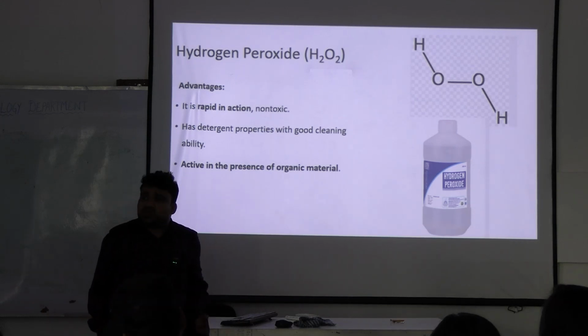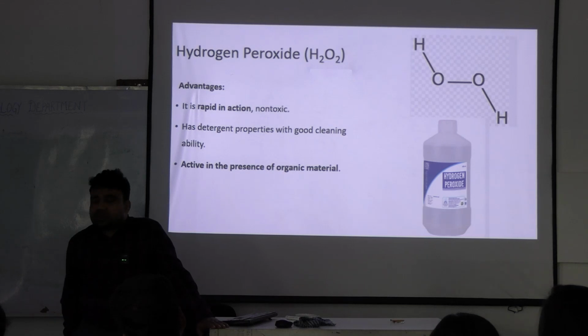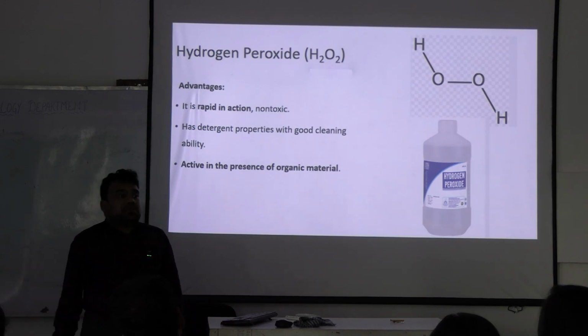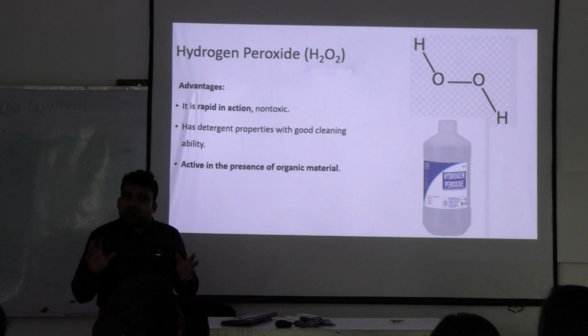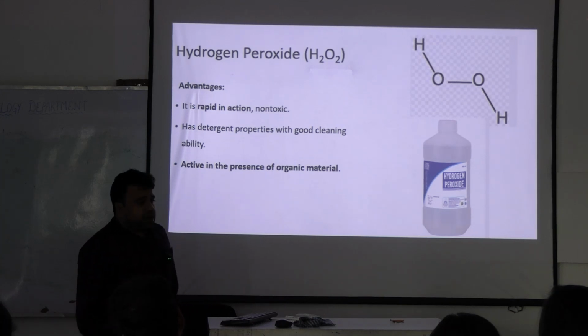This is one of the reasons why, especially in road traffic accidents or mutilating injuries, we clean the wounds with hydrogen peroxide, because not every time it is possible to wash or clean all the organic debris that is present. Okay. Now, if you remember that, you will understand that hydrogen peroxide can act even in presence of organic matter.